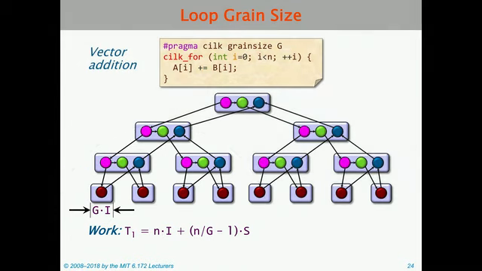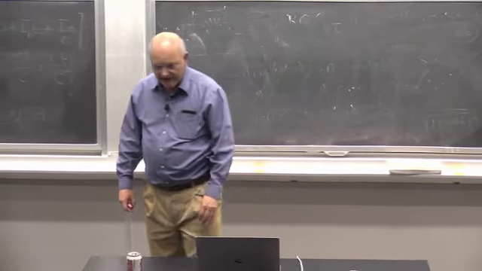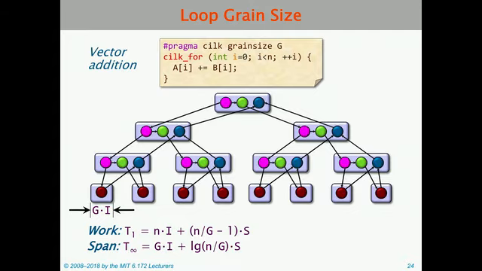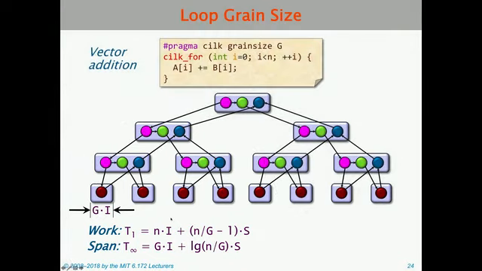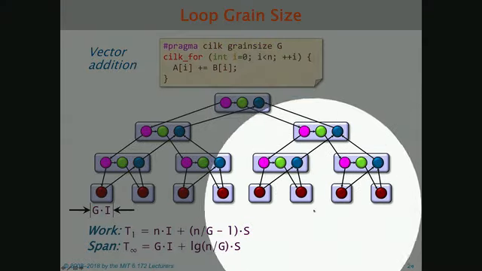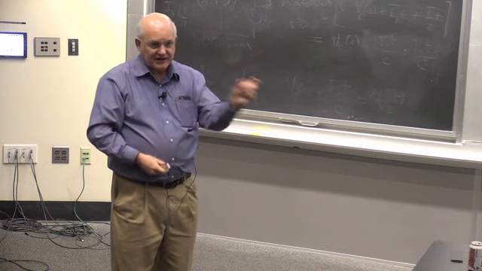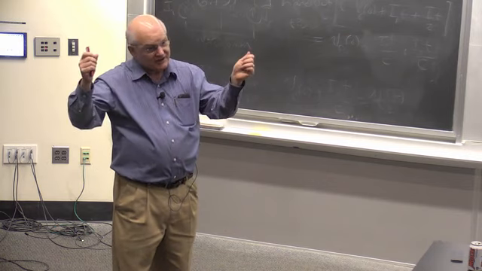So let's take a look at the span of this. The span is going to be, if I add up what's at the leaves, just g times I. And now I've got the overhead, for any of these paths, which is proportional, ignoring constants to make it easier, to log of n over g times s, because it's going log levels, and I've got n over g chunks, because I've got g iterations at each leaf, so the number of leaves is n over g.